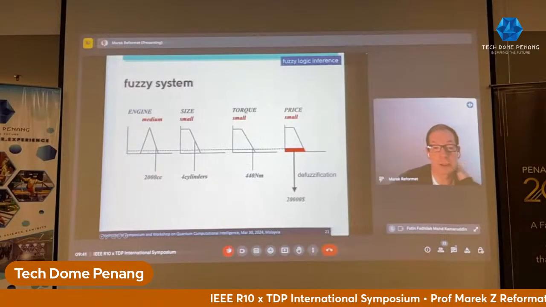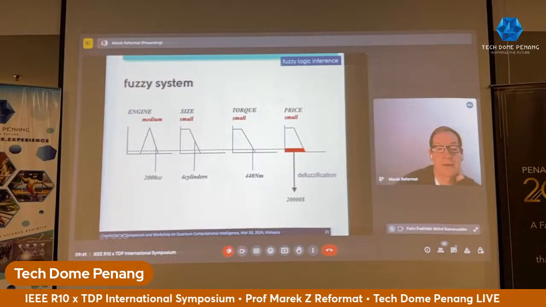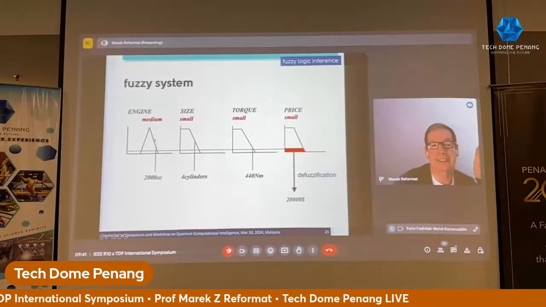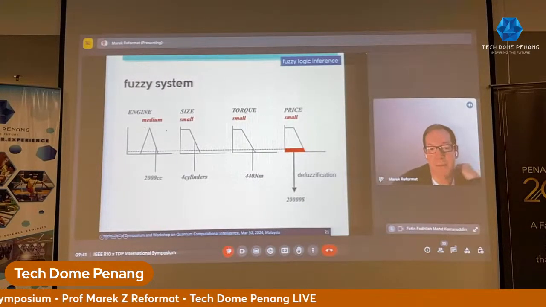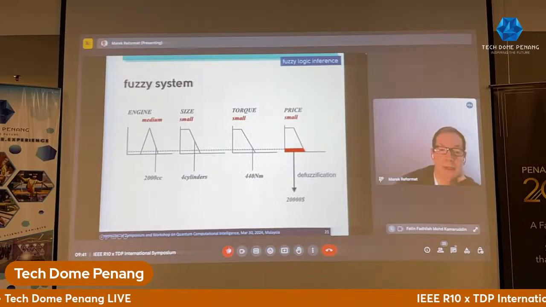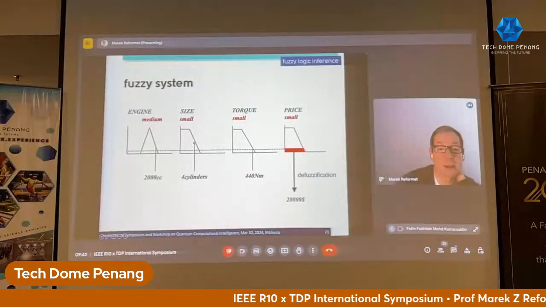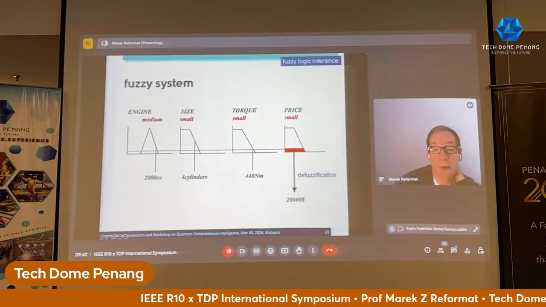These three pieces of information which are entered as facts satisfy these membership functions, the fuzzy sets, to a degree. So this one to a degree, let's say 0.3, this is, let's say, 0.5, and this one is 0.1.